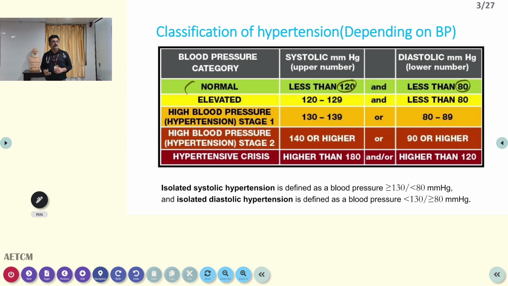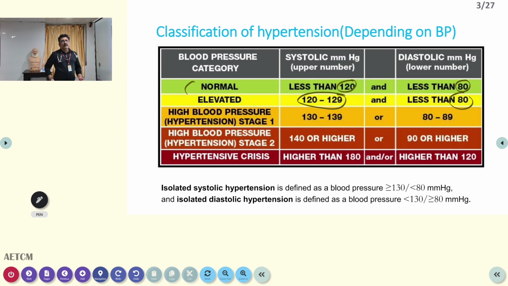Even if the BP is 120 by 80, that is considered an elevated BP. So don't think that 120/80 is high BP, but according to this standard classification, that comes under elevated BP. So systolic 120 to 129 and diastolic BP less than 80 is elevated BP.